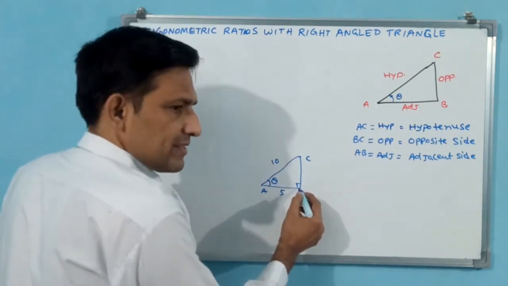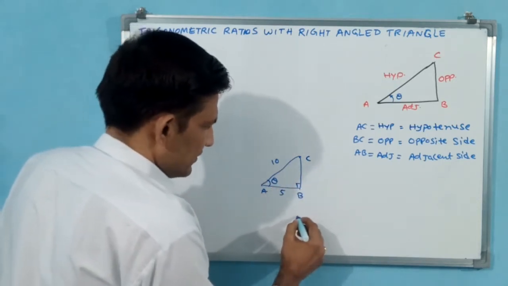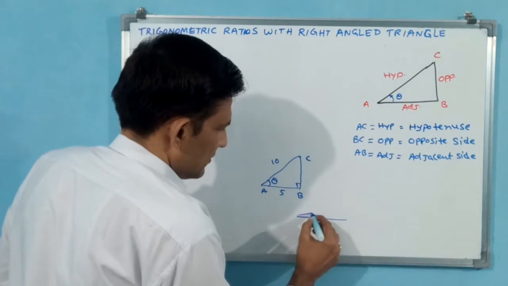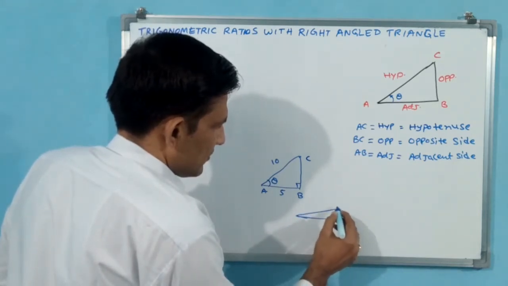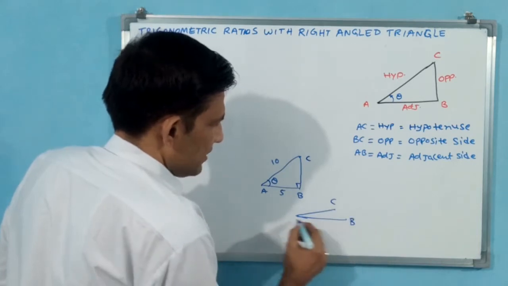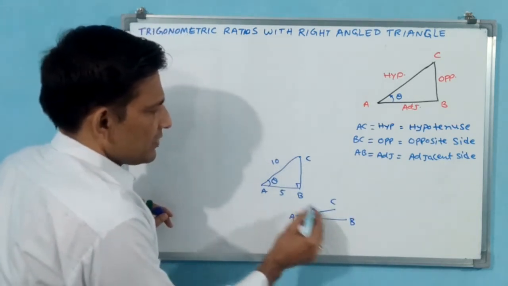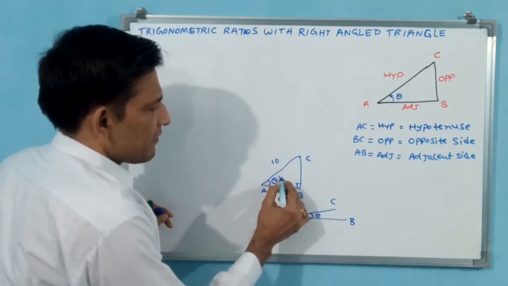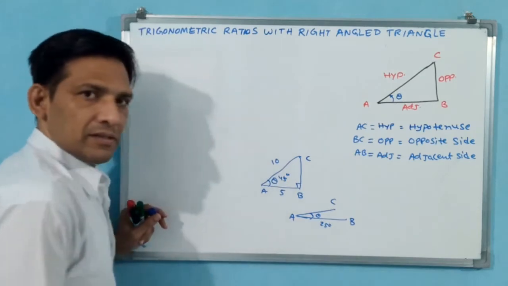See, to make this a right angle triangle, if you reduce theta, C, B, A. Now I have reduced theta here. You see here theta is say 45 degrees. Here say theta is 25 degrees.